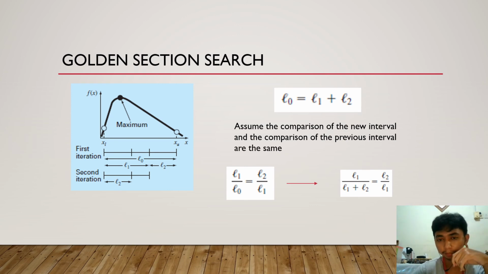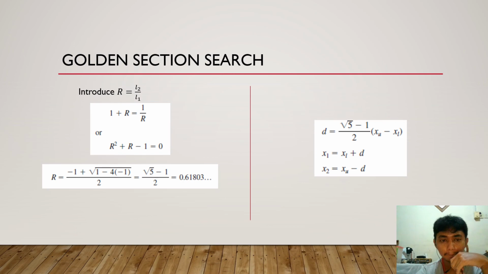We can write it as L1 over L1 plus L2, because L0 is basically L1 plus L2. Then we can introduce R as L2 over L1.